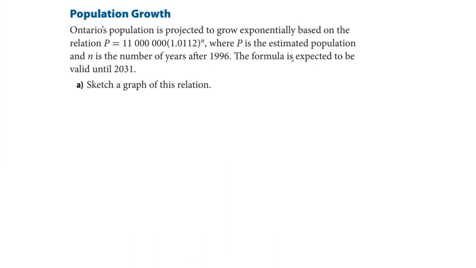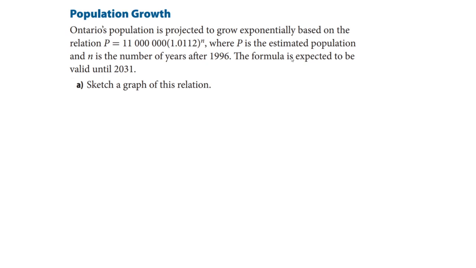Okay, Ontario's population is projected to grow exponentially based on the relation P, where P is the estimated population and n is the number of years after 1996. The formula is expected to be valid until 2031. Sketch a graph of this relation.